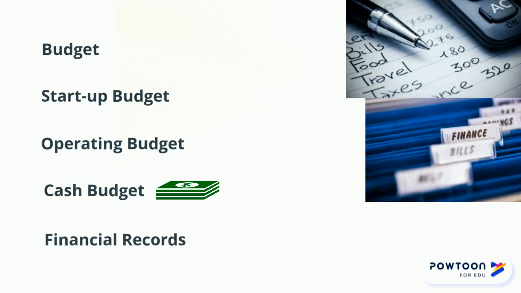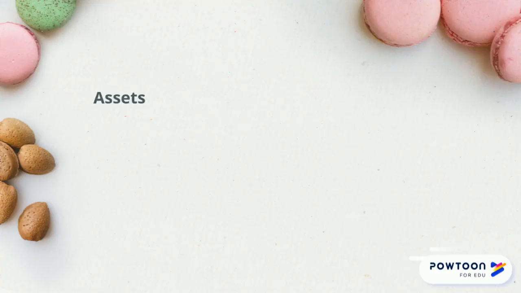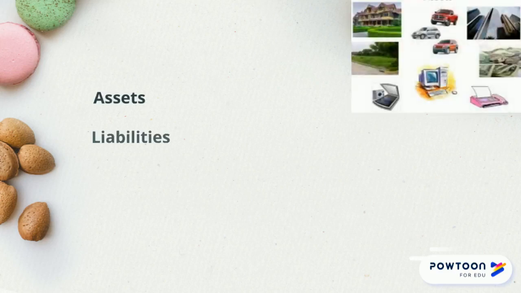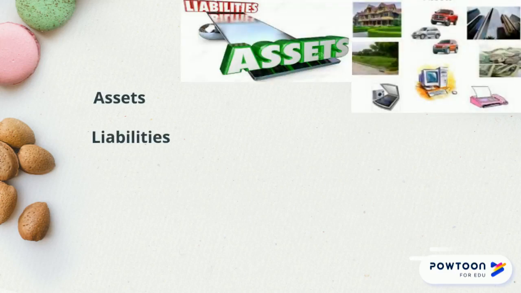There are many types of records such as asset, depreciation, inventory, accounts, cash, payroll, and tax records. Assets are simply defined as what a company owns. On the other hand, however, liabilities are what a company owes. Owner's equity determines the value of an owner's investment in a company.